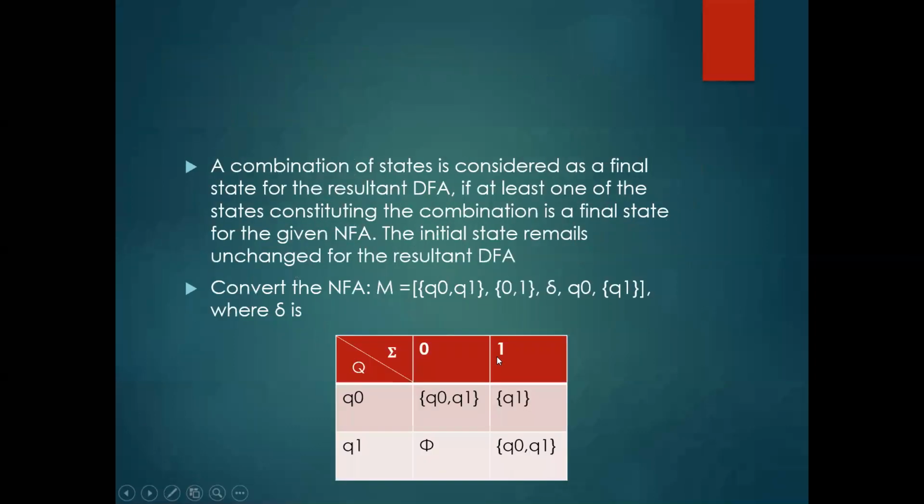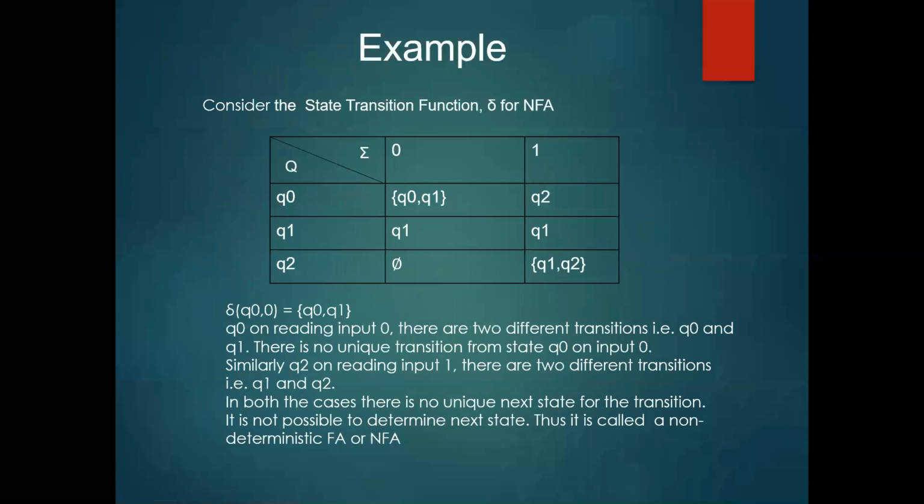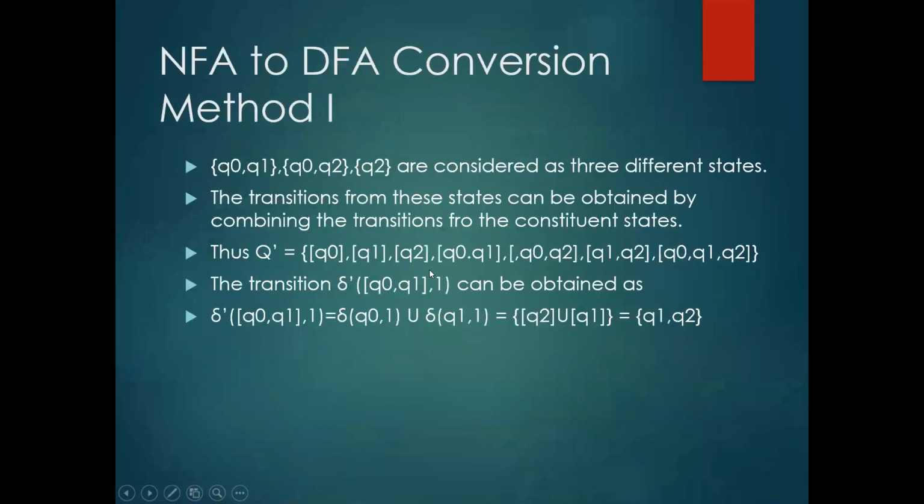That also you can see from here. Then find the union of these two and you will be getting Q1, Q2. So likewise, you have to find the transitions from these states on each and every input.